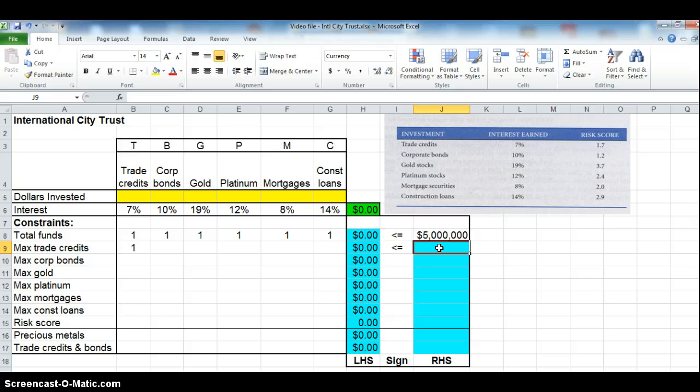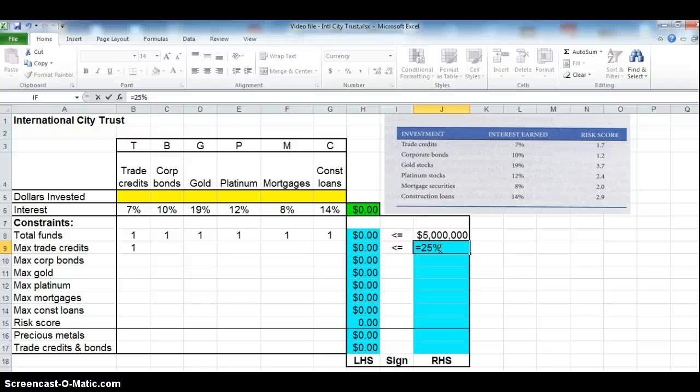So let's think about this for just a second. It's going to be 25%. So let's write the formula, 25%. How much is our investment going to be? We have up to $5 million to invest, but we don't necessarily have to invest all $5 million. It could be that given the constraints that we have, we're going to invest $4 million and the other $1 million we're going to hide in the mattress.